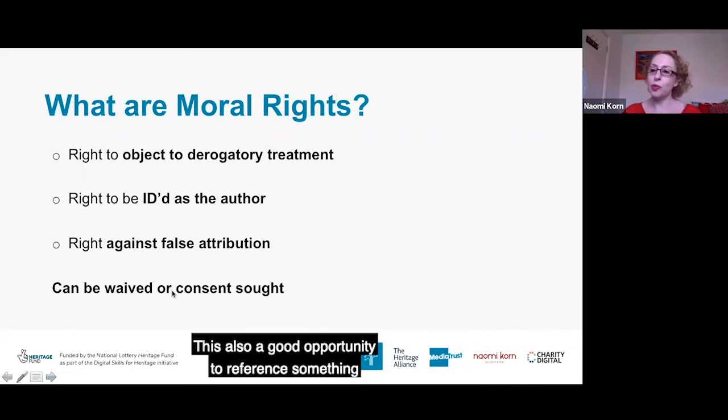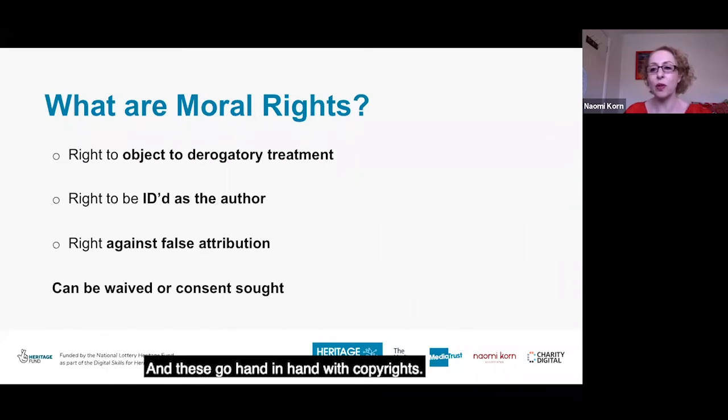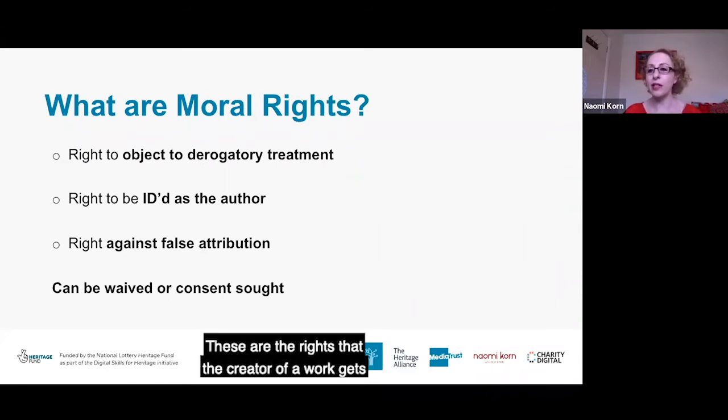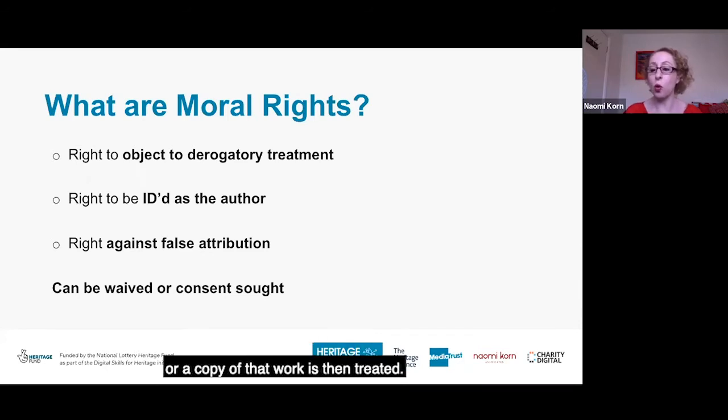This is also a good opportunity to reference something that many of us forget, which are moral rights. It's outlined in the Copyright, Designs and Patents Act, and these go hand in hand with copyright. These are the rights that the creator of a work gets, and the ability not just to be named as a creator, but also to control how the work that they've created, or a copy of that work, is then treated.